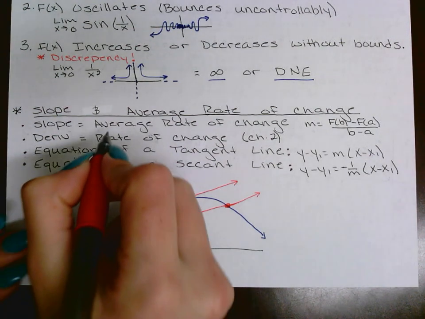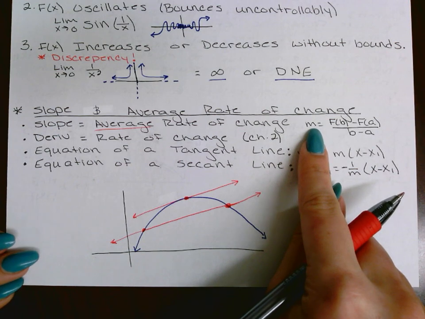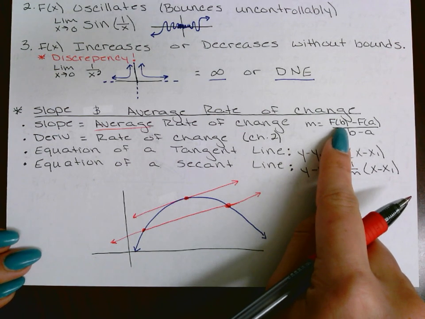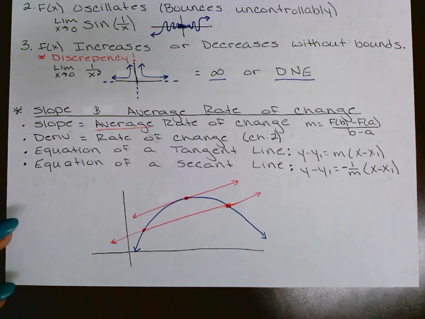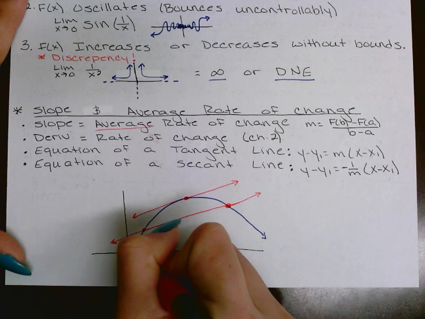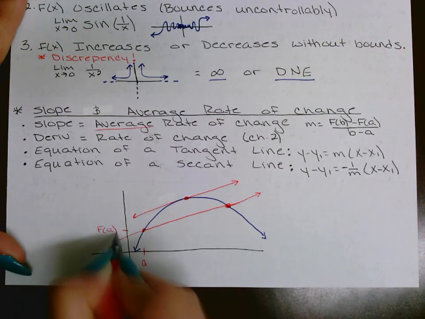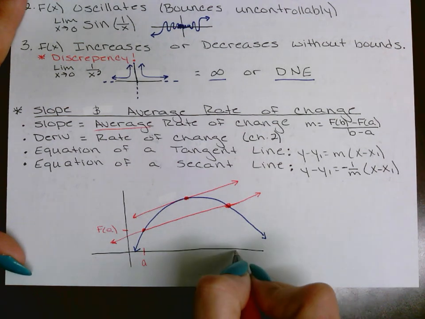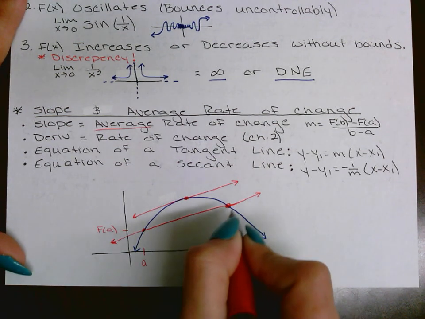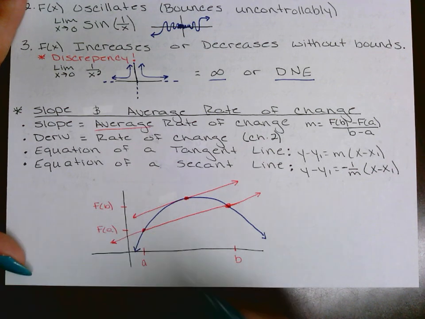So anytime you see the word average rate of change, you are just doing slope, which is the function at b minus the function at a over b minus a. So to get a little better visual about that, this would be your a point, and this would be your function at a, the y value, okay? This would be your b value, and then up here would be your function at b, okay?